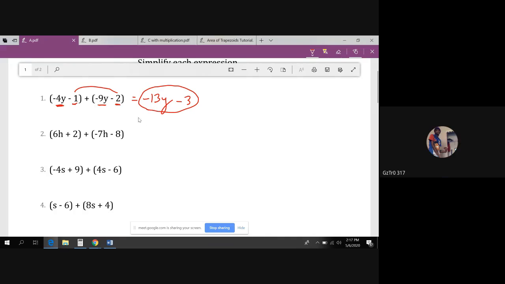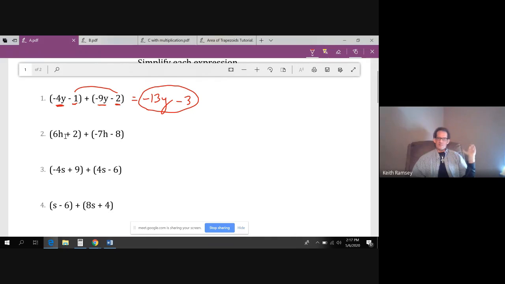Okay? Same sense. Number 2, there's nothing to multiply. You're just looking for what matches. So the 2 goes with the negative 8 because these two numbers don't have a variable. The 6h goes with the negative 7h because they have the same variable h. So again, if I simplify this, I'm just doing 6 plus negative 7 is negative 1h.